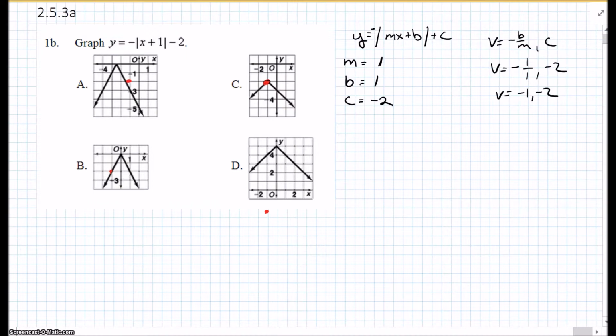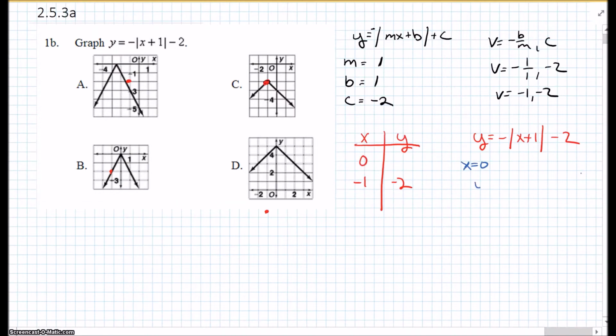So we know the vertex is negative 1, negative 2. So let's set up an x, y column. What do we say we have to do? Negative 1, negative 2. But let's set one above it and one below it. So y equals negative absolute value of x plus 1, minus 2. Let's plug in when x equals 0.